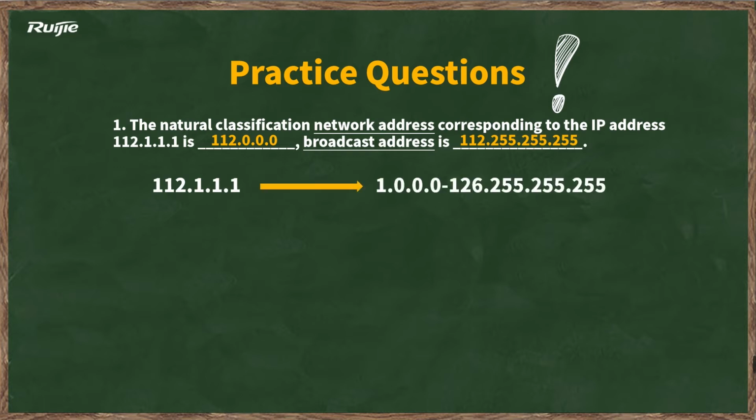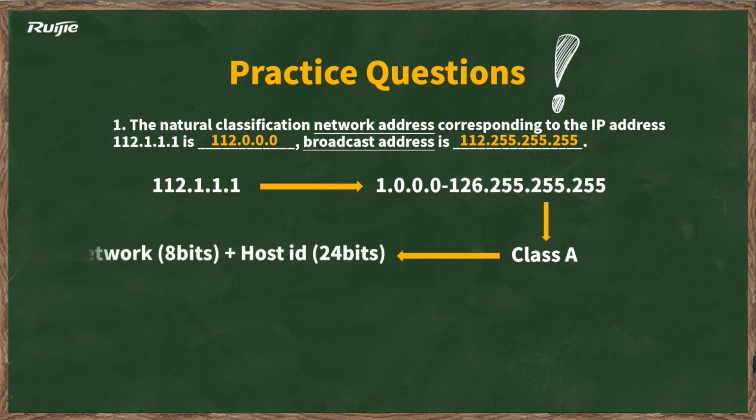This address is in the range of 1.0.0.0 to 126.255.255.255, which is class A. In class A, the network part is 8 bits and the host ID is 24 bits.